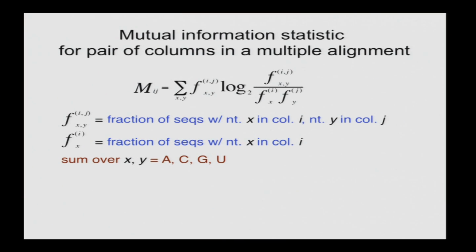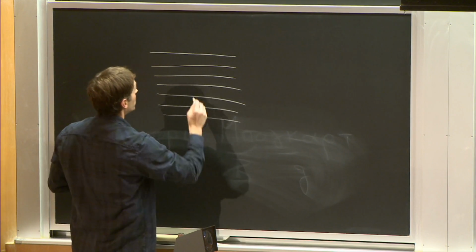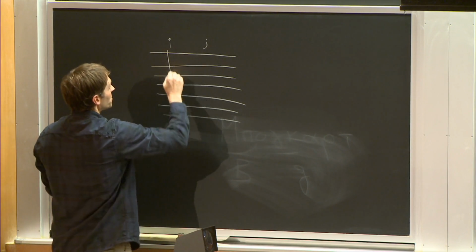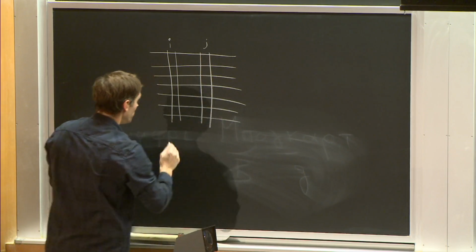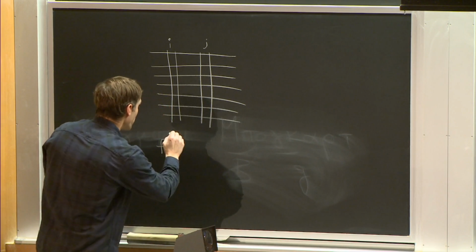Okay? So if you look in your multiple alignment, I'll just draw this here. You have many sequences. You consider every pair of columns, and you calculate what we're going to call f_i(X).